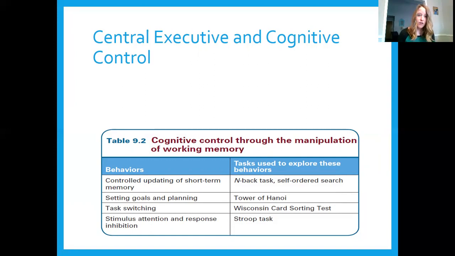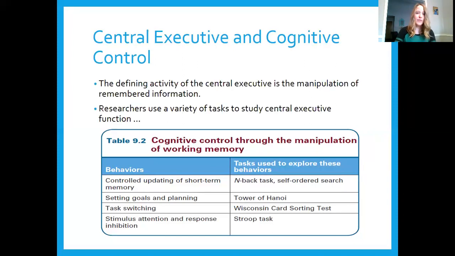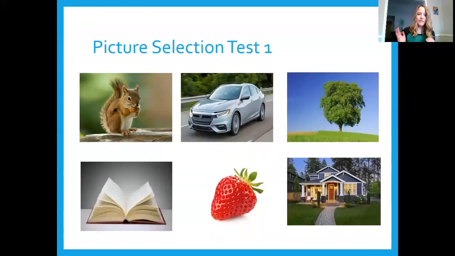The central executive also plays a role in goal setting and planning the execution of tasks. It's involved in task switching. So it's playing a role anytime you engage in multitasking, for instance, and you have to switch between various tasks that you are attempting to accomplish within a short period of time. It also plays a role in directing and maintaining attention and response inhibition. So, for instance, controlling impulses. So we can look at each of these functions.